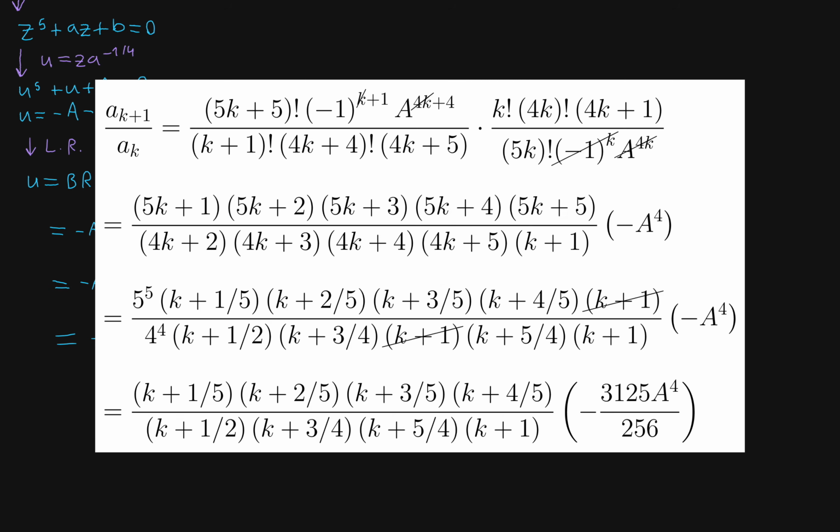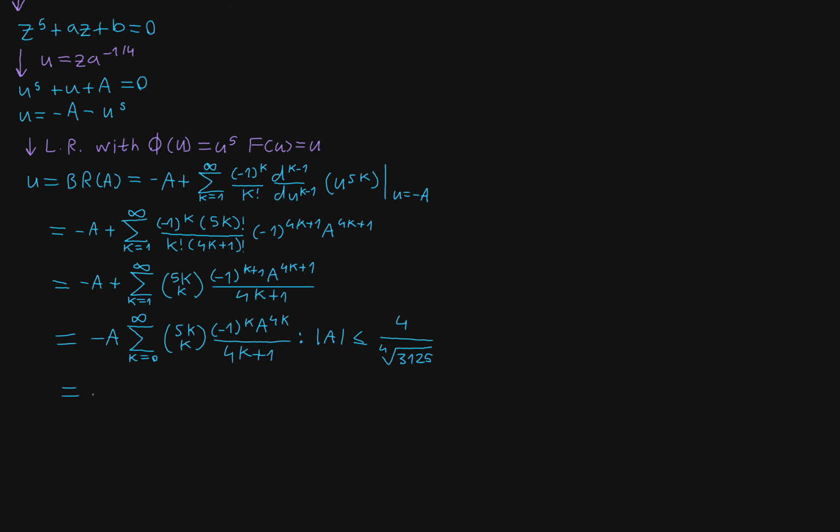And so again, you just check that ratio, we get what we need, and so this is going to be able to be rewritten as minus a times the hypergeometric function 4F3, right? That means we're going to have basically 4 rising factorials on top, and 3 on the bottom: 1 over 5, 2 over 5, 3 over 5, 4 over 5, and we have 1 over 2, 3 over 4, and 5 over 4.